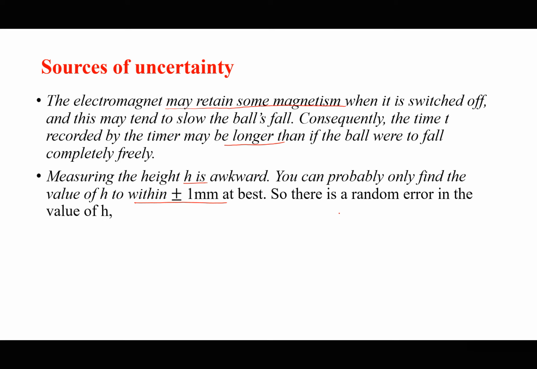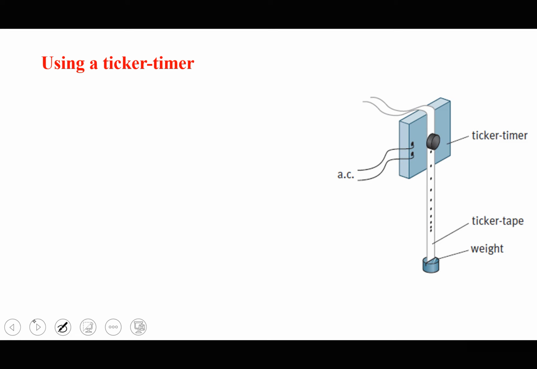We can also use a ticker tape timer to determine g. For example, we attach a weight onto the tape and then release the weight so that as it falls, dots are made onto the tape, and our task is just to analyze the dots.